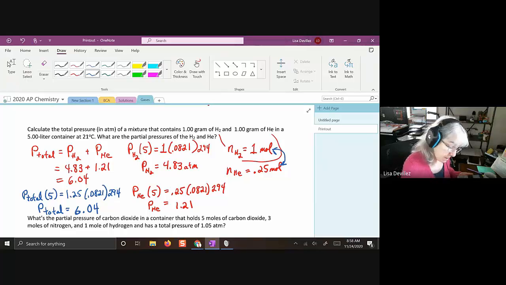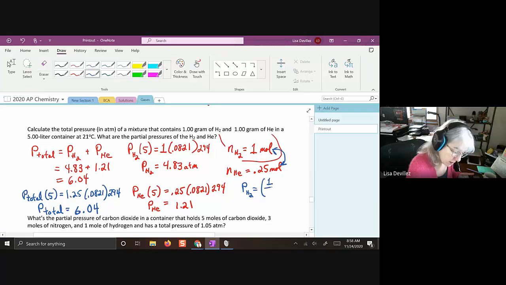And then now let's also double check that partial pressure thing, right? I could also get the partial pressures. So, right, just do the hydrogen. Partial pressure of hydrogen is going to equal the mole fraction, which is going to be 1 over 1.25 times my total pressure, which was 6.04.